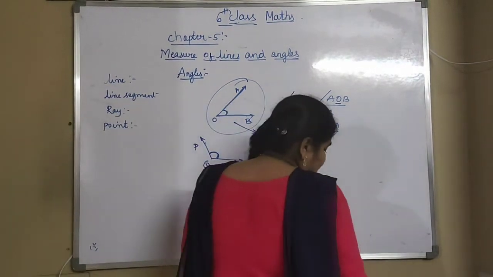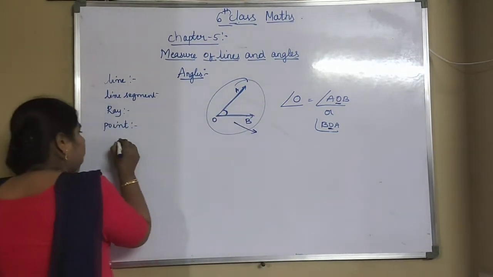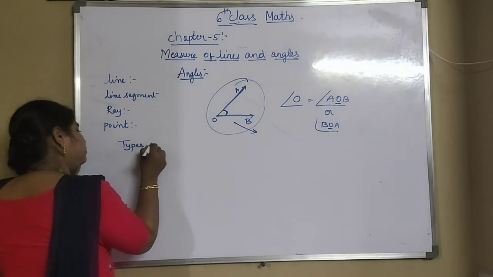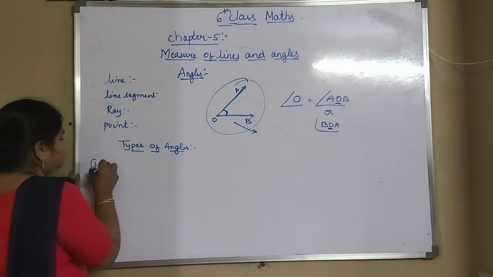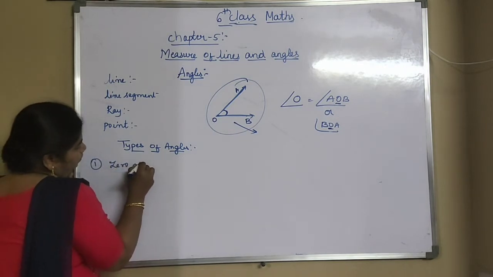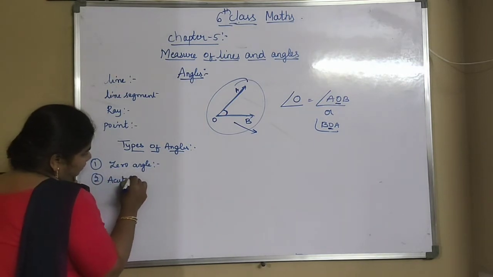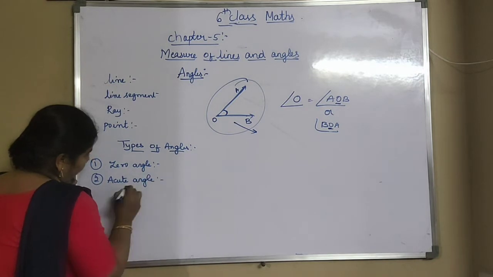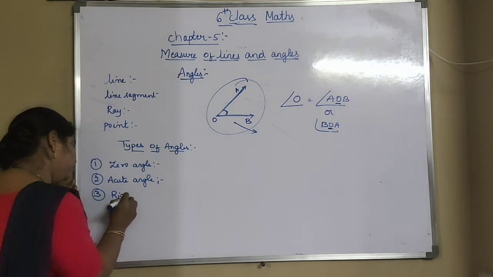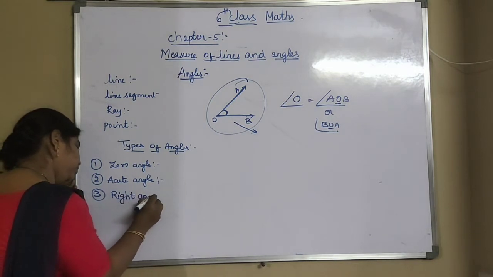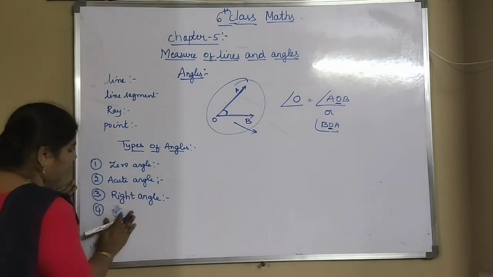Now how many different types of angles are there? Types of angles. So first one is zero angle. Second one is acute angle. Third one is right angle. Fourth one is obtuse angle.